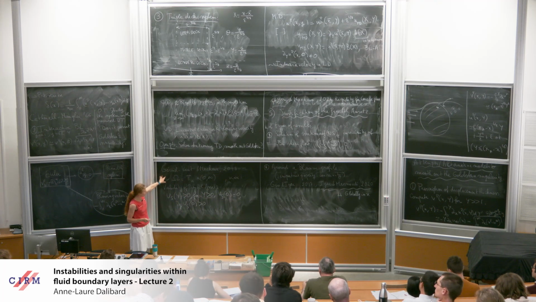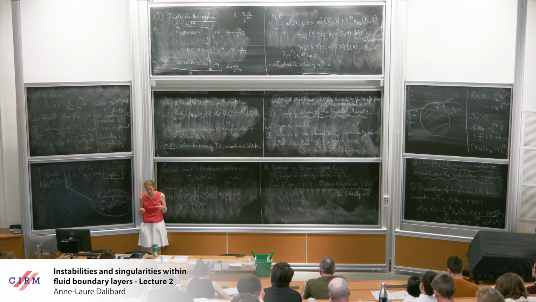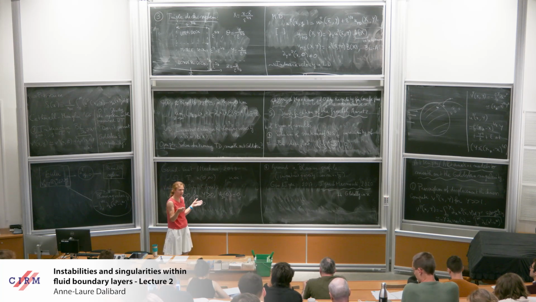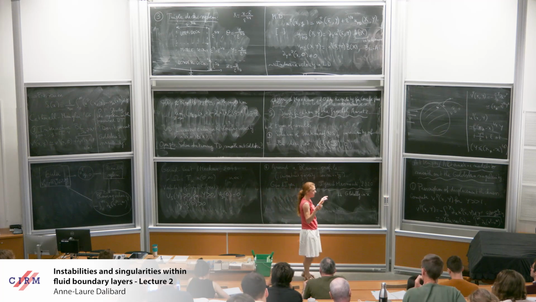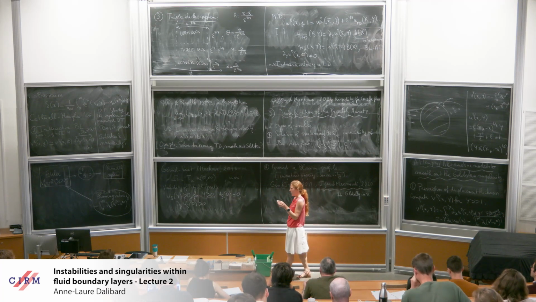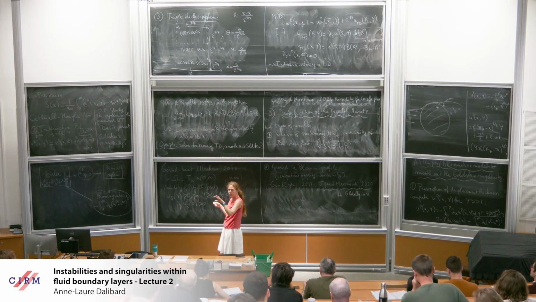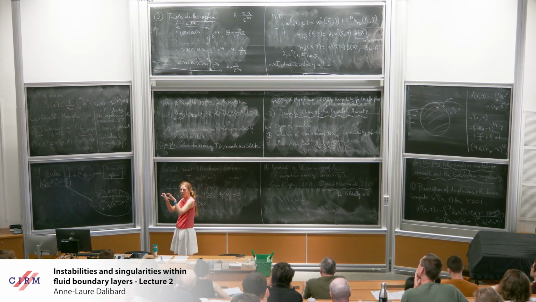Here it's very, very different. There are a number of technical things, but they work with the vorticity formulation for the stream function in boundary layer variables. When you look at the linearized operator for the stream function in vorticity formulation, the operator that you have is the Orr-Sommerfeld operator, and they somehow factorize it into one part which is the Rayleigh operator and one part which is the Airy operator.